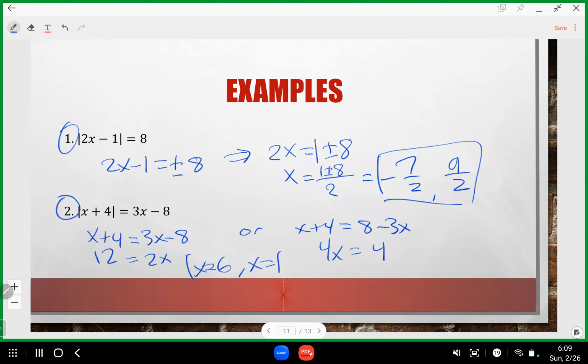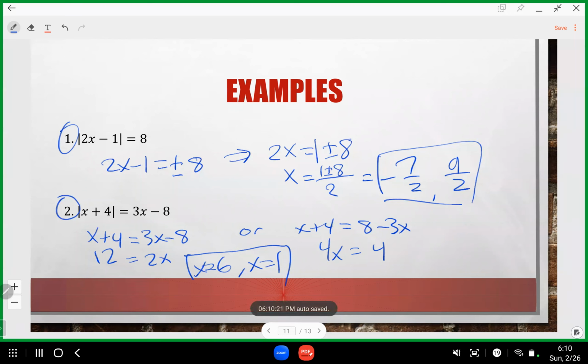All right. So could you check for me? Do you know which one does not work? So 1 plus the absolute value of 5 is equal to... The 1 doesn't work.